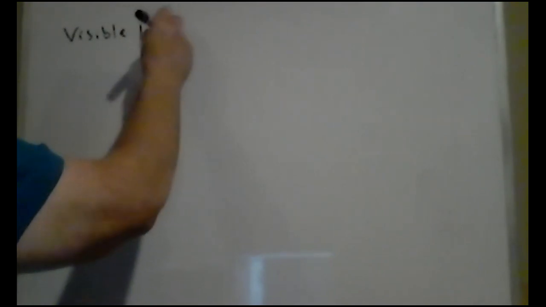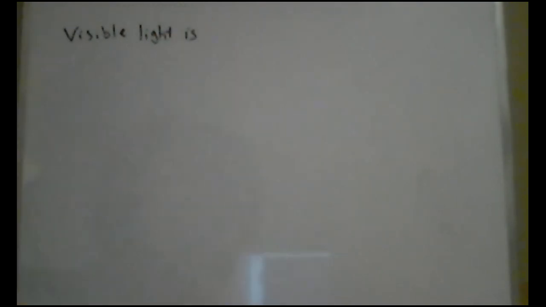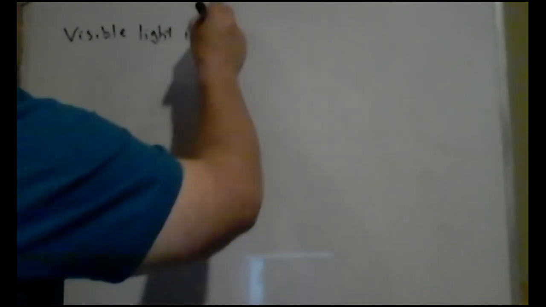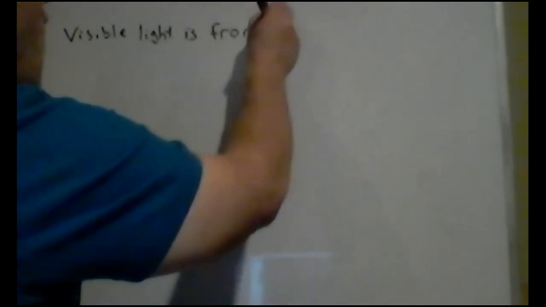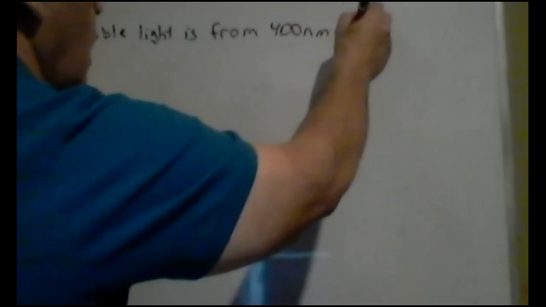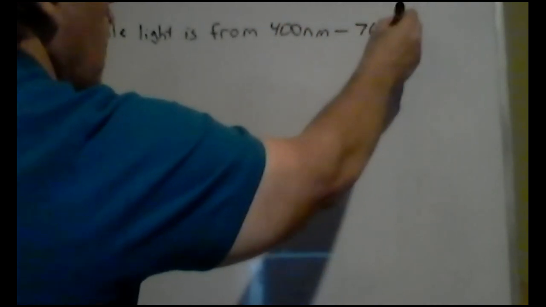Remember, the wavelength of visible light is about 400 to 760 nanometers.